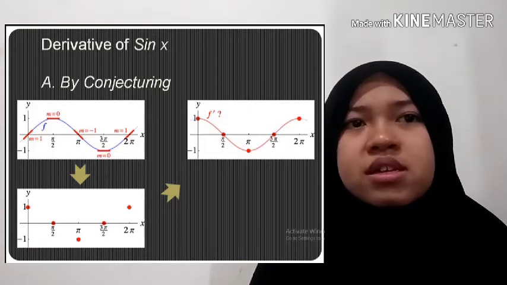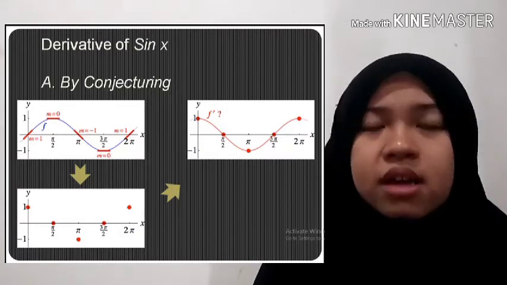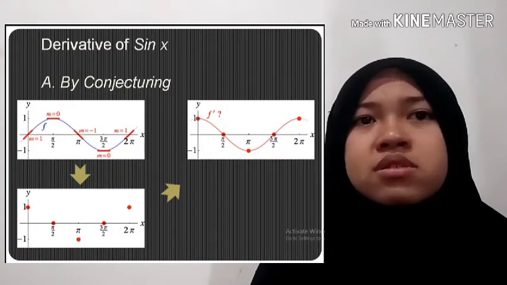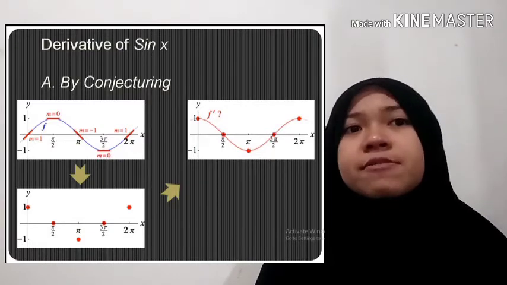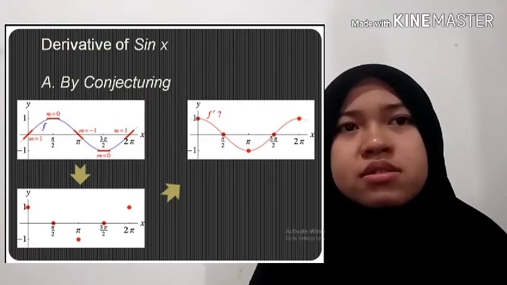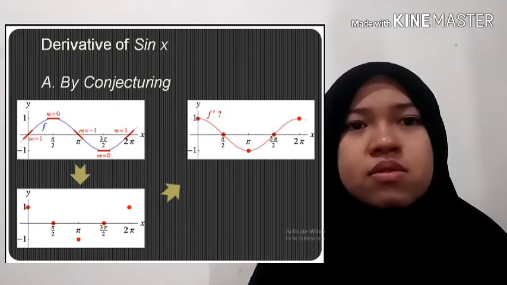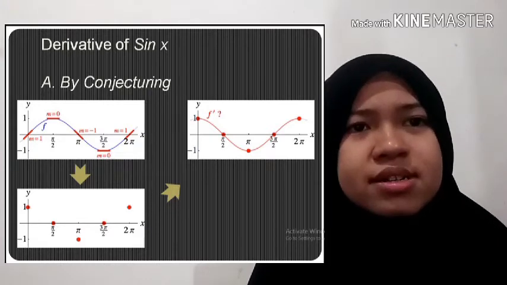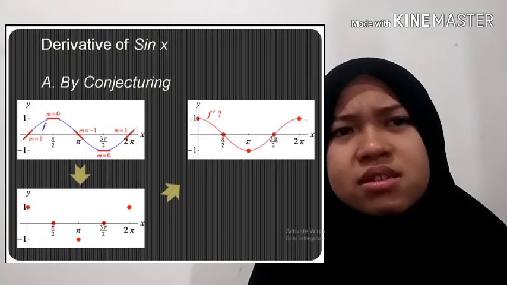And also for x equals pi over 2, x equals pi, x equals 3 over 2 pi, and x equals 2 pi. And then we plot these points. We'll get 1, 0, negative 1, 0, and 1. It is similar to the cosine x, right?